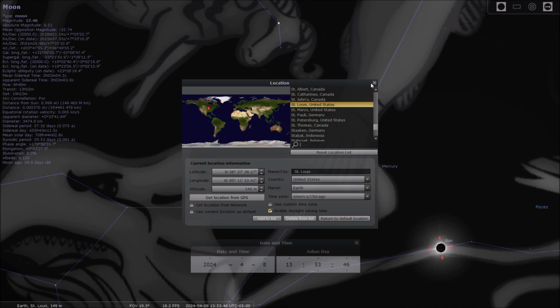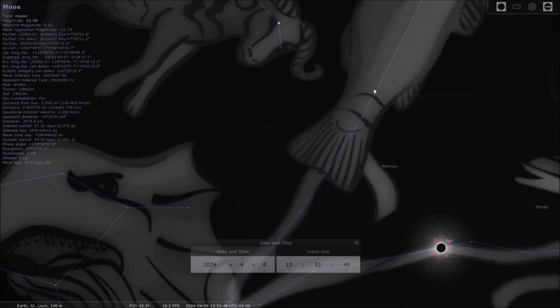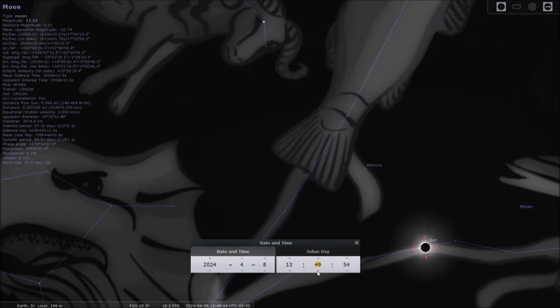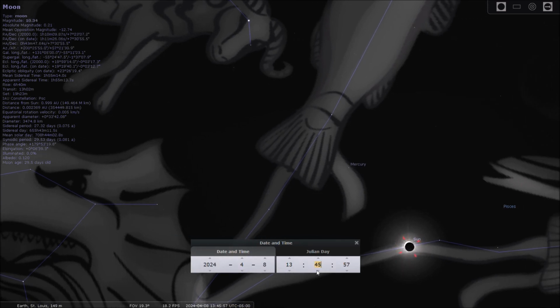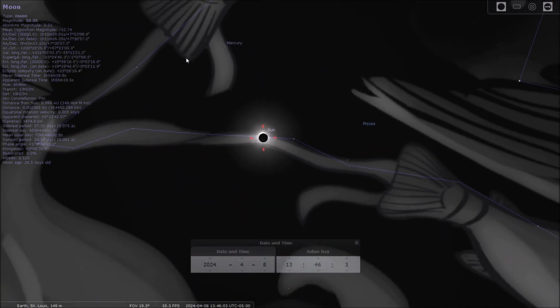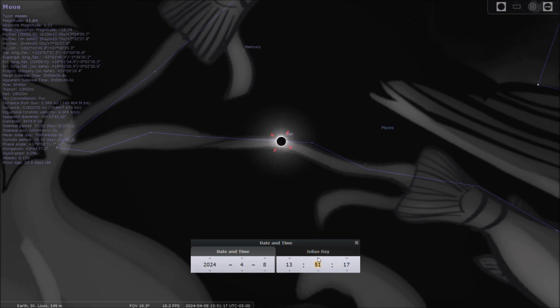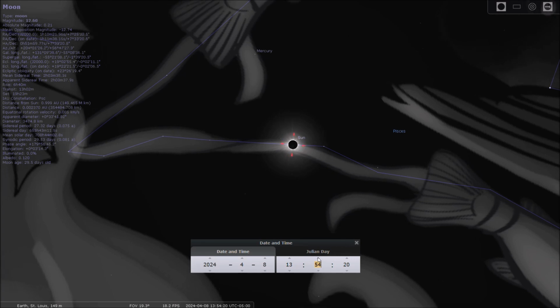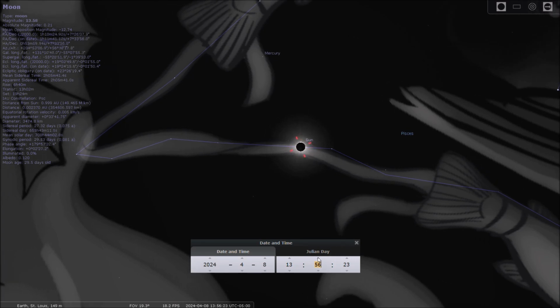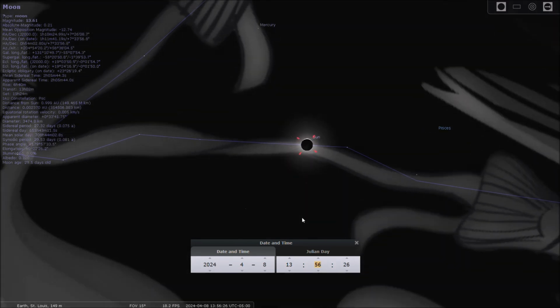Alright. So that is a little to the west of where it's to take place. And it looks like it's a little to the south also, so we would need to go slightly up. But yeah, you get the point here, as that would normally cover the sun wherever we're located.